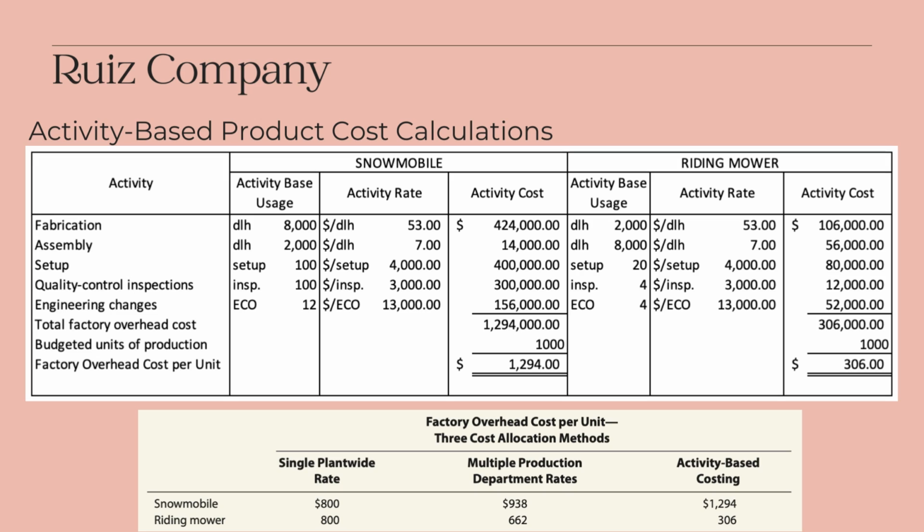Now, we have listed the factory overhead cost per unit using the three cost allocation methods. For single plant-wide rate, it appears a uniform rate of $800 for both products regardless of type. Whether it's a snowmobile or riding mower, it is $800.